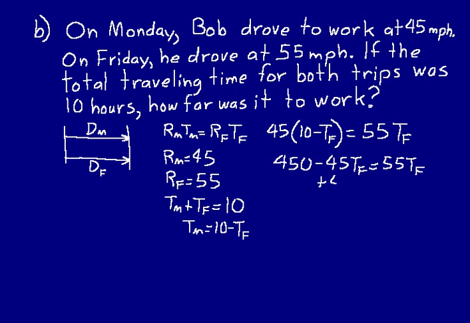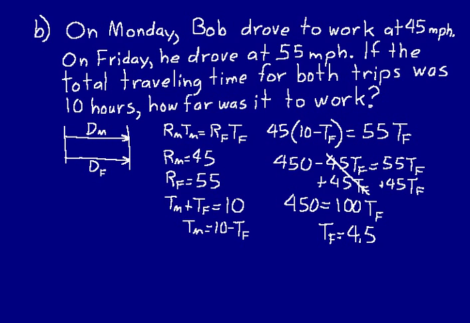Add 45 TF to both sides, and that cancels on the left, and we end up with 450 is equal to 100 TF. So if we divide both sides by 100, TF would just equal 4.5. And so that's our time for TF.